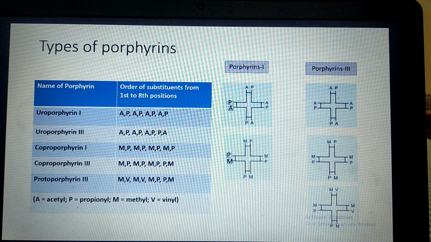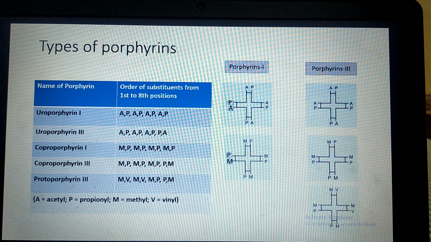Next porphyrin is coproporphyrin 1. In coproporphyrin 1 the substituent groups are methyl group and propyl group, again in a symmetrical manner: at odd positions 1, 3, 5 and 7 you have methyl group, whereas at even positions 2, 4, 6, 8 you have propyl group.